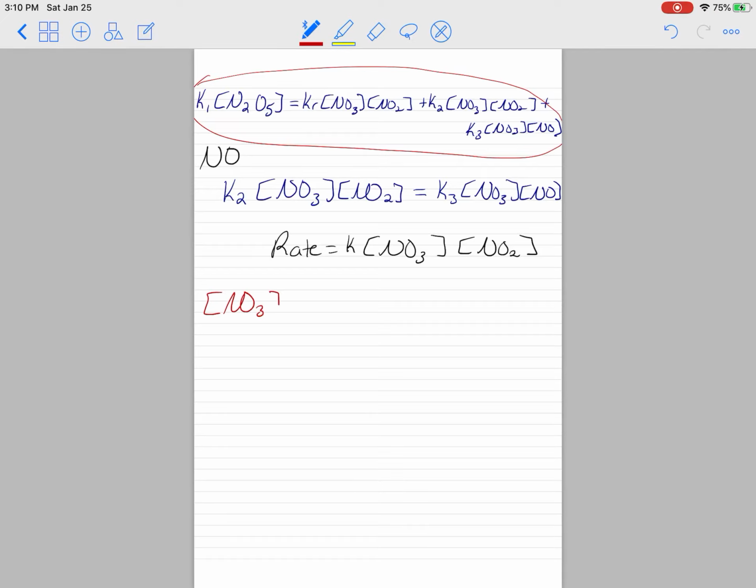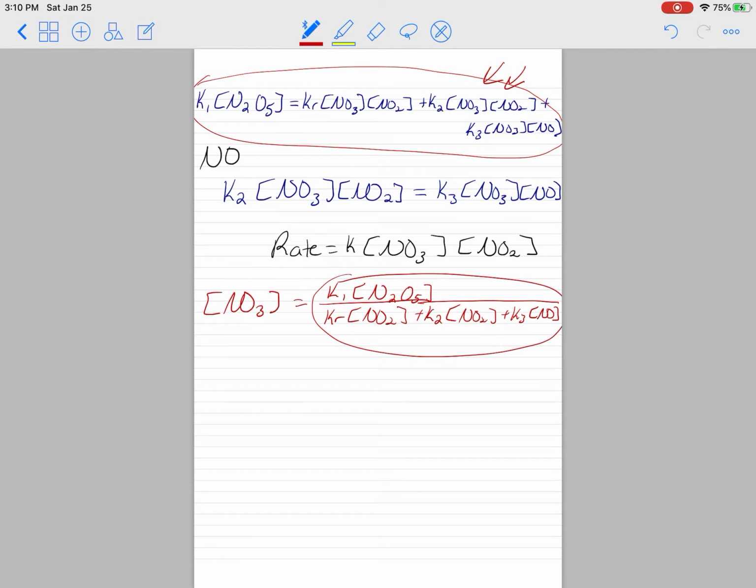So, let's do that. We'll put NO3 out here. We'll do some quick algebra, and we'll see that that leaves us with k1 times the concentration of N2O5 over k-1 times the concentration of NO2 plus k2 times the concentration of NO2 plus k3 times the concentration of NO. So all we did is we took the equation where we had set the rates of appearance and disappearance equal to each other, and we rearranged that so that it's solving for the concentration of NO3.